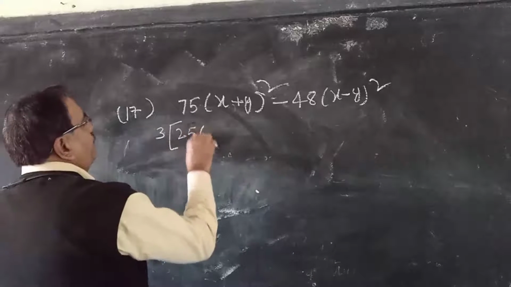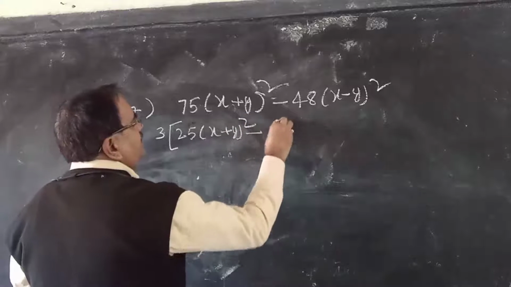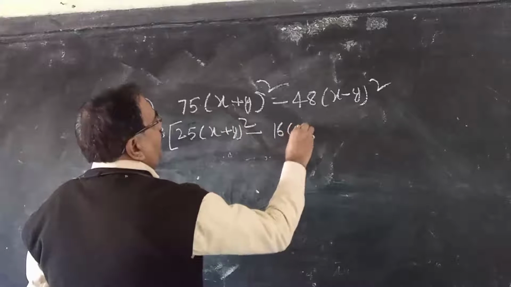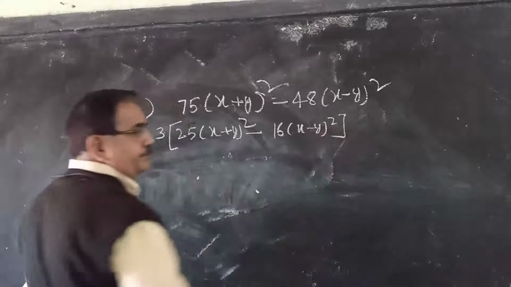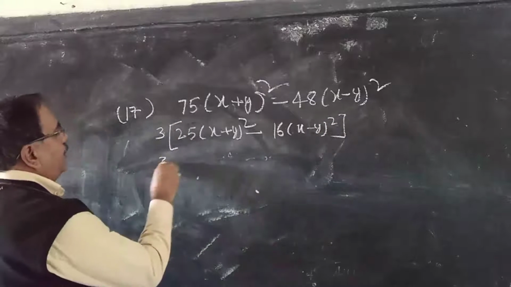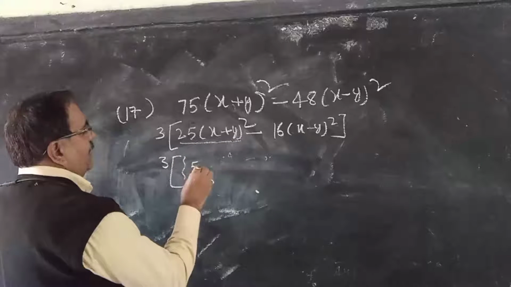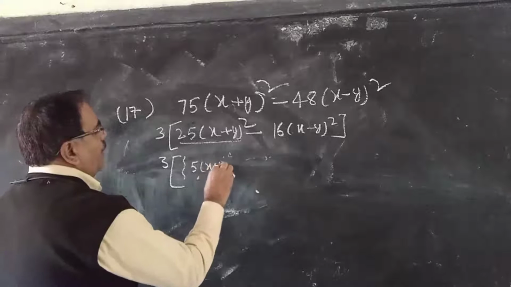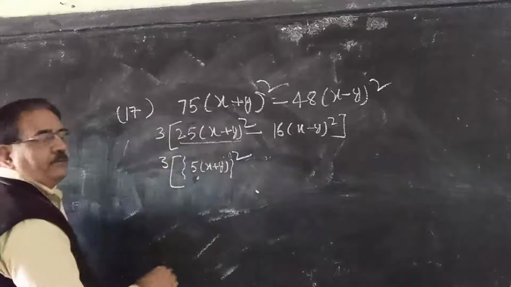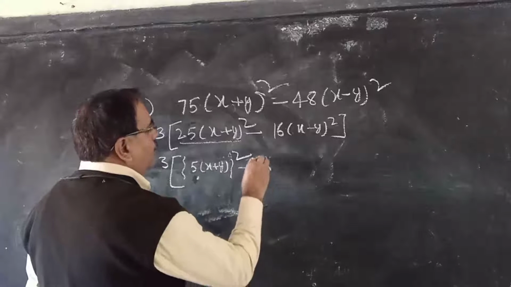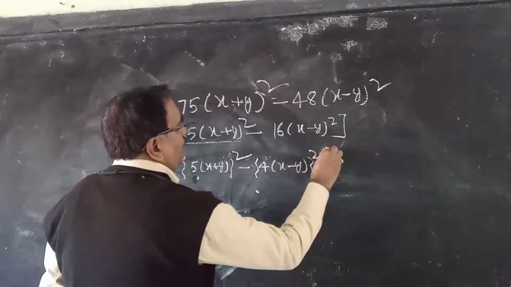This is 25 (x plus y) whole square, and this is 16 (x minus y) whole square. So we can write 3, curly bracket, (5x plus y) whole square, since 5 square is 25, and (4x minus y) whole square.